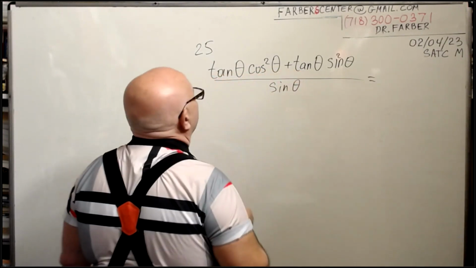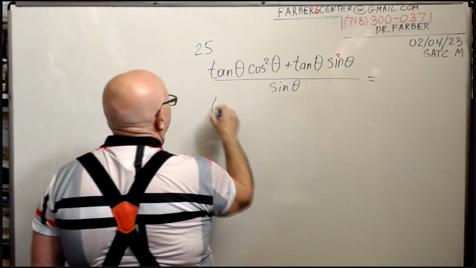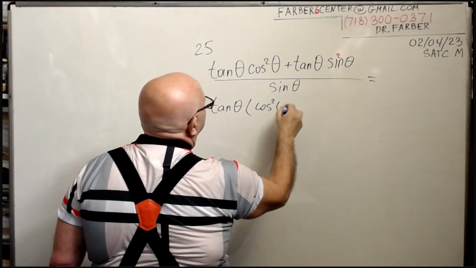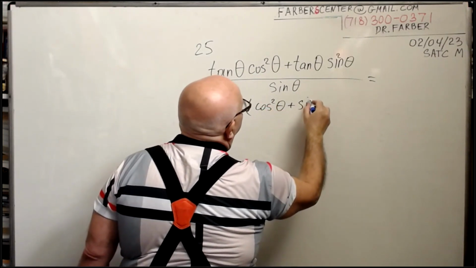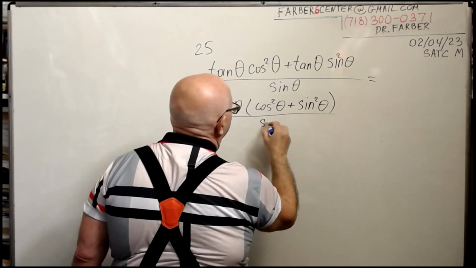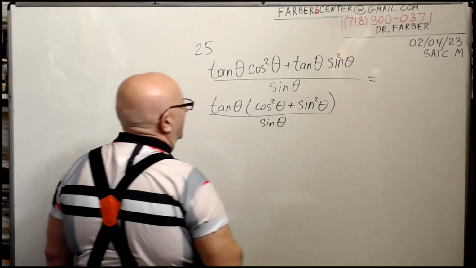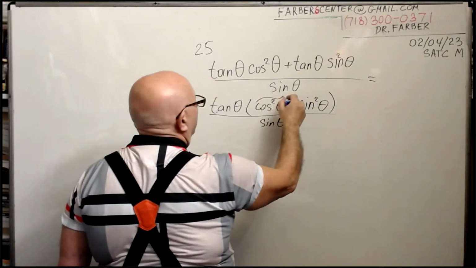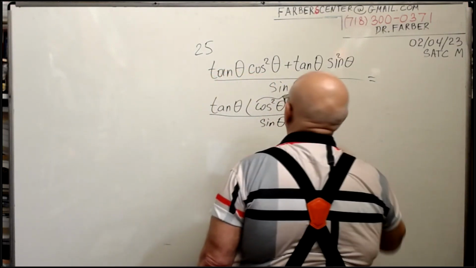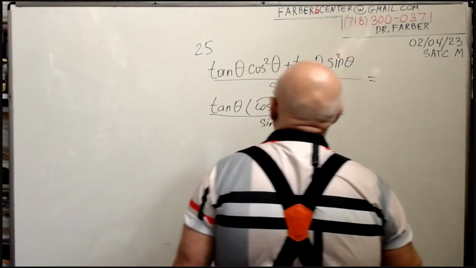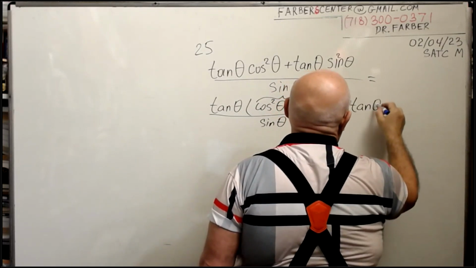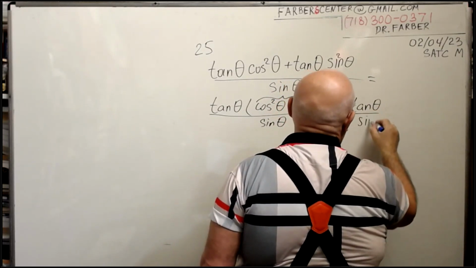If you look at this, you see commonalities, just factorize. I put tangent theta in parentheses, cosine square plus sine square, the same argument theta, divided by sine of theta. But this Pythagorean identity equals 1. And I have tangent theta divided by sine of theta.